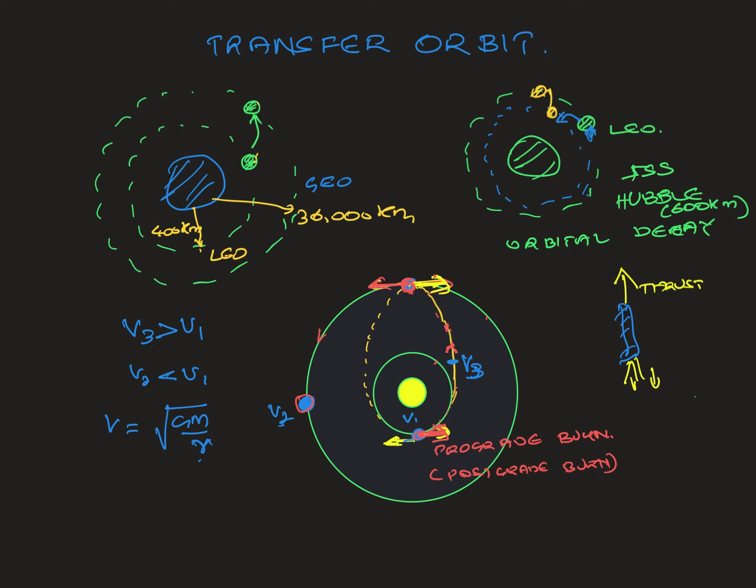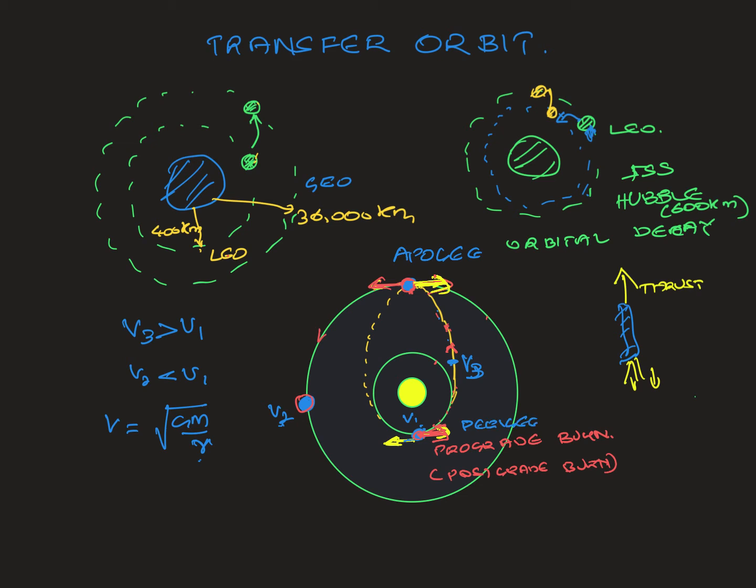So the V1 is increased by the boost, which is a prograde burn, and V3 is bigger. And then V3, the velocity, is getting smaller and smaller, and when it reaches this point, that's another thing, this point is called apogee, and this point is called perigee.